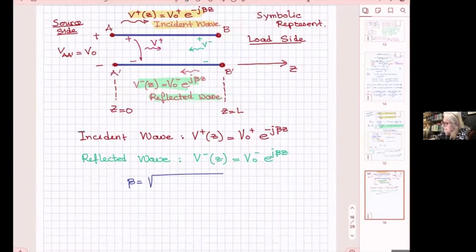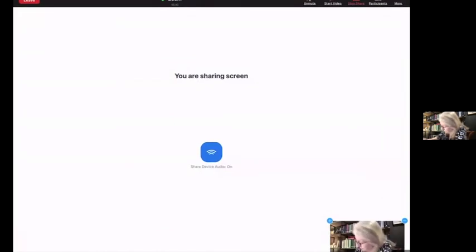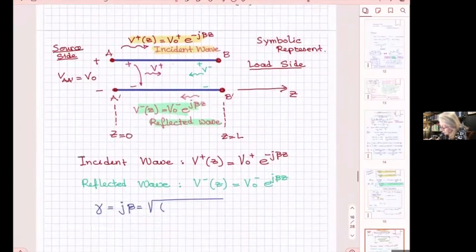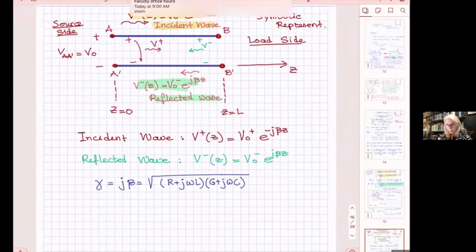J beta, where the book uses that gamma is nothing else but the square root of R plus J omega L times G plus J omega C. All right, so in the most general case, gamma and beta are complex numbers.